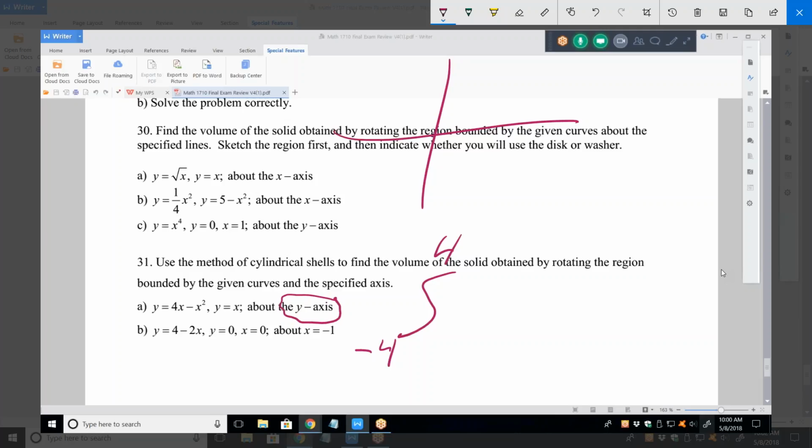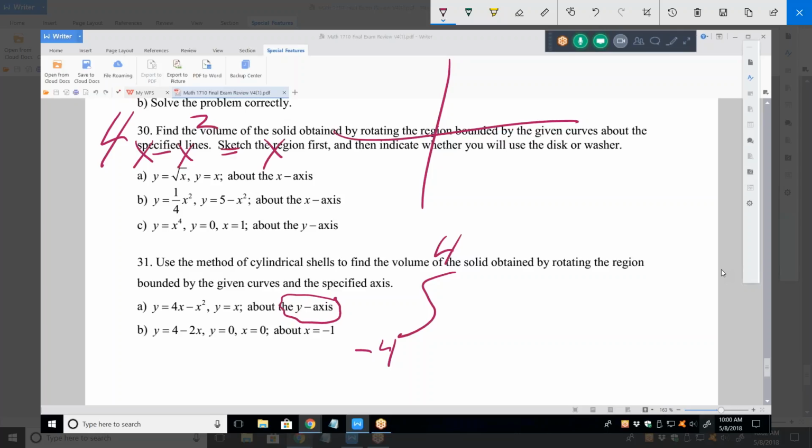Oh, it's where the y's are equal. In other words, it's where x is equal to 4x minus x squared. And that's not at 2 either. If I solve this, 4x minus x squared has to equal x.